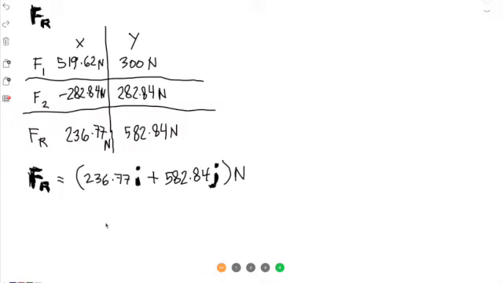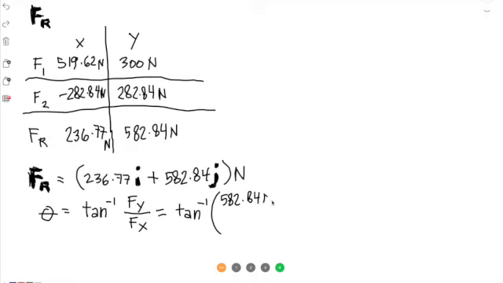So we need to look for the direction angle, which let's call it theta. So theta is again equal to the arctangent of the Fy component over the Fx component, or let's write it down as 582.84 over 236.77 newtons.